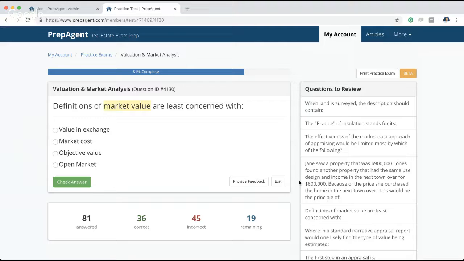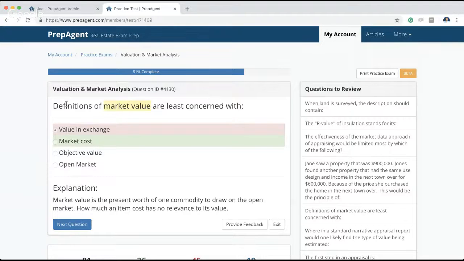What do you guys think? B, market cost. How much something costs has no relevance to its value. Okay? How much you paid for it is not relevant to its value.